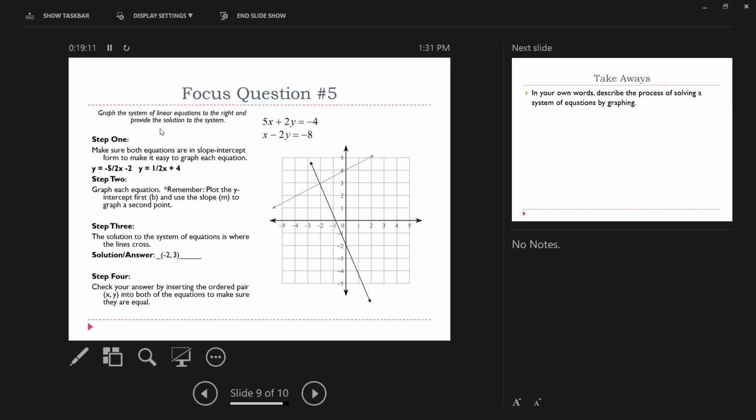If you look over here in step 1, it says make sure both equations are in slope-intercept form. Okay. So that first one, does everybody remember how to convert these into slope-intercept form?